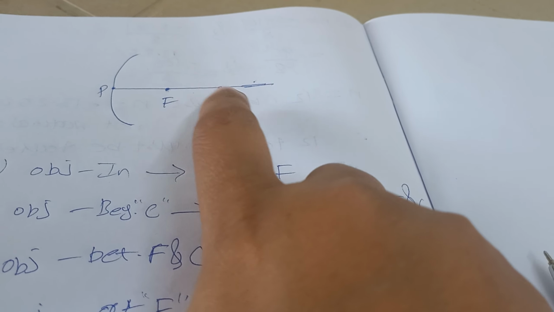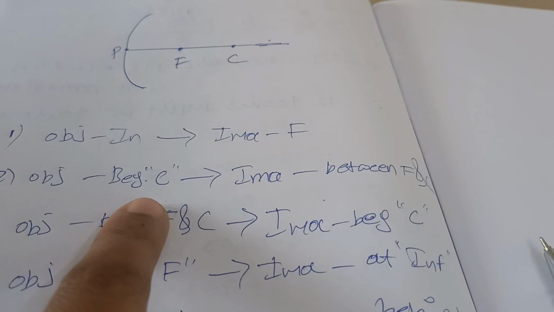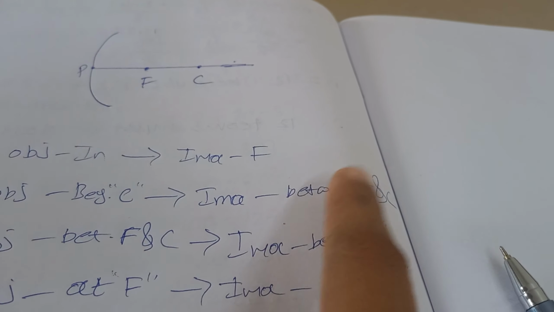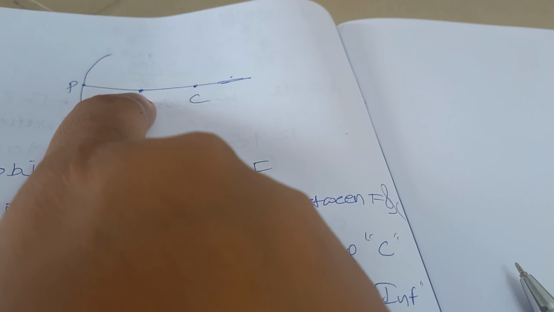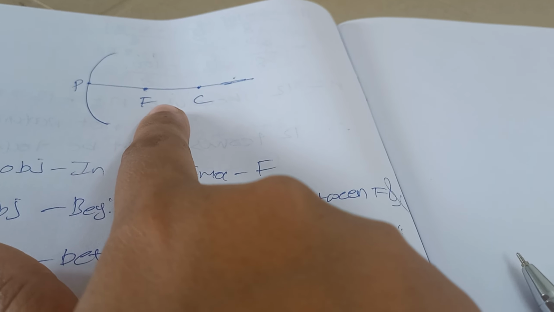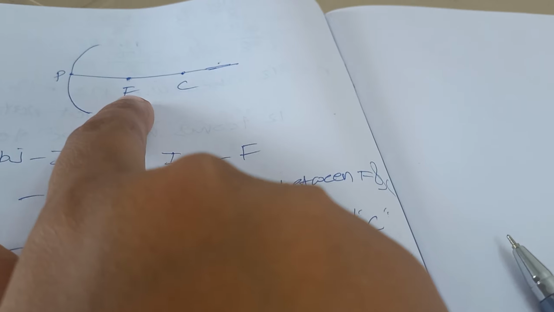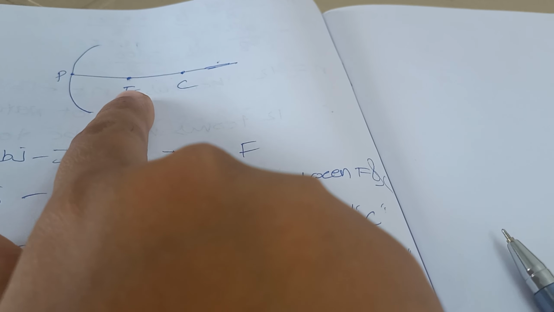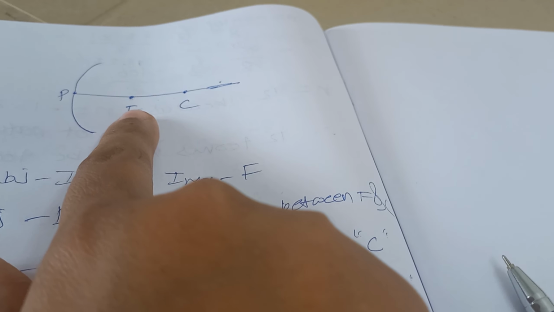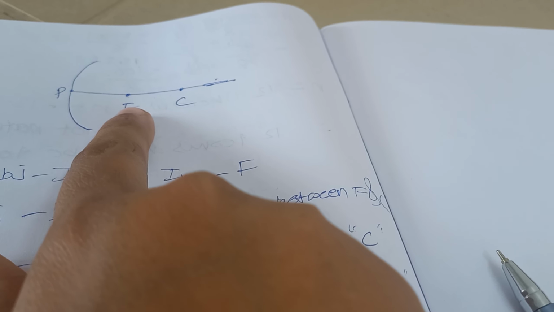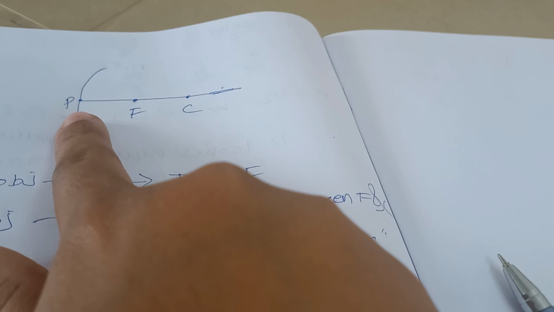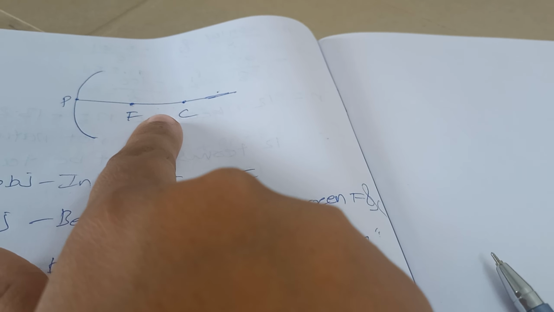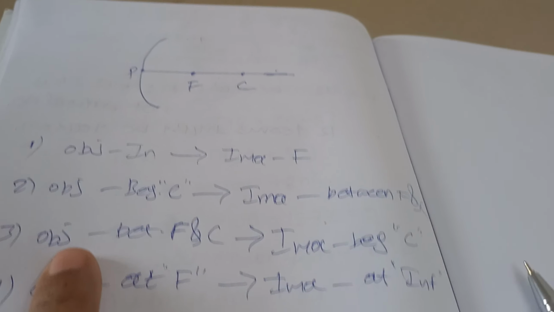The image is between the focus and center of curvature, which means the image is moving. See here, in the first situation the image is at focus, and in the second situation the image is between the focus and center of curvature, which means the image is moving away from the mirror.